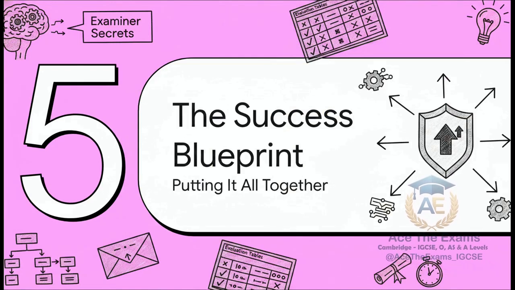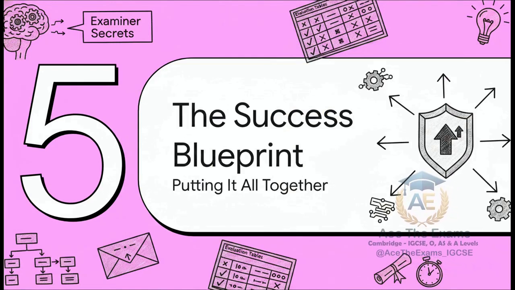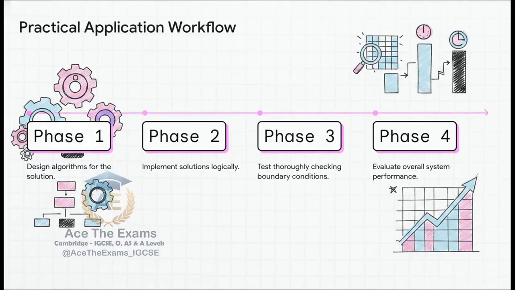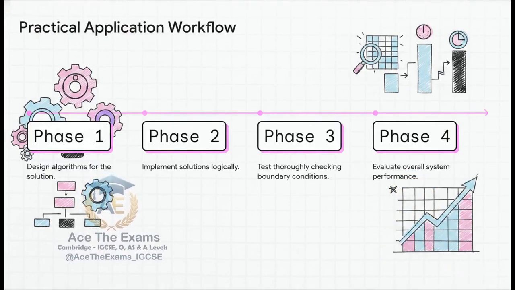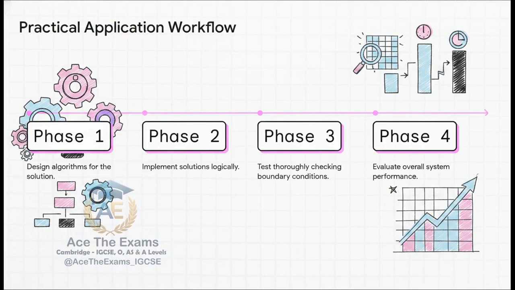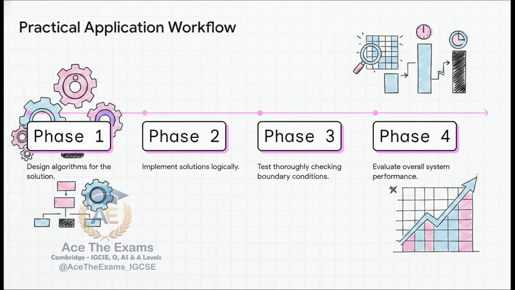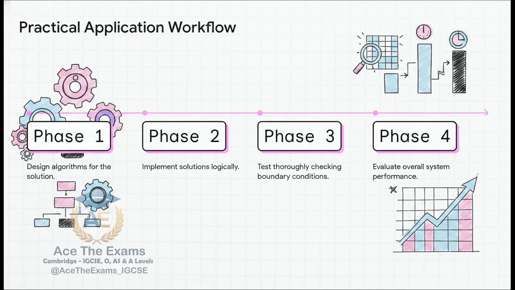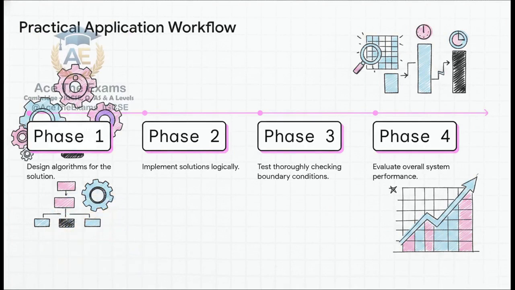Finally, Section 5, the Success Blueprint. Let's put this whole shebang together and see how this builds into your final, foolproof chronological checklist for any practical application question. Step 1, design your algorithms based on the context. Step 2, implement the solutions clearly, showing all your binary and math workings.